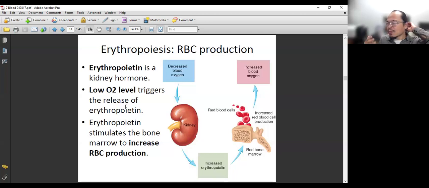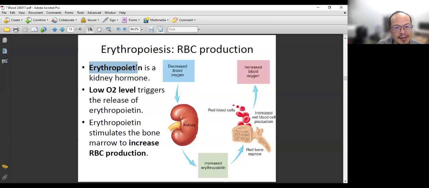So your body needs to tell the bone marrow, please produce more or please produce less red blood cells in order to accommodate the whole body in that environment. And so here I want to tell you that the messenger to tell the bone marrow to produce red blood cells is erythropoietin.